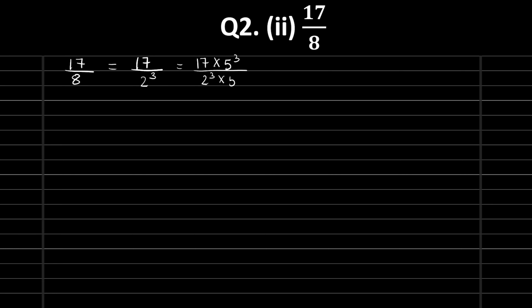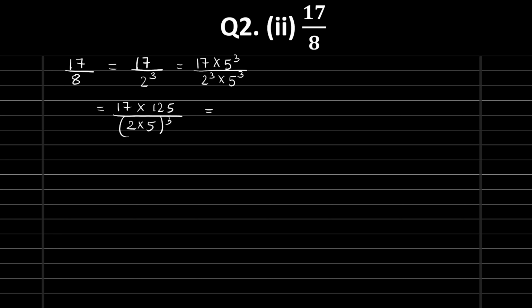We have to equate the powers of 2 and 5. Here since 2 has the exponent 3, we multiply the numerator and denominator by 5 raised to 3. Now this can be written as 17 into 5 raised to 3, which is 125, divided by 2 raised to 3 into 5 raised to 3, which can be written as 2 into 5 whole raised to 3.